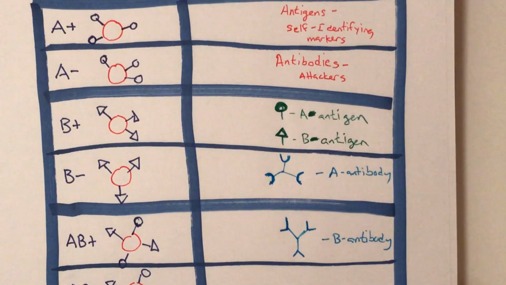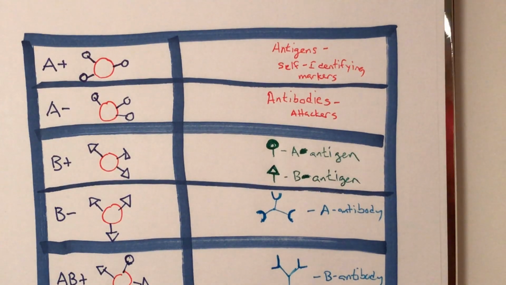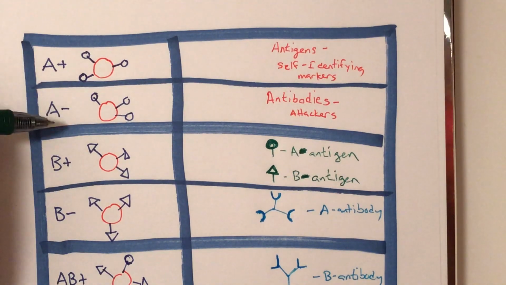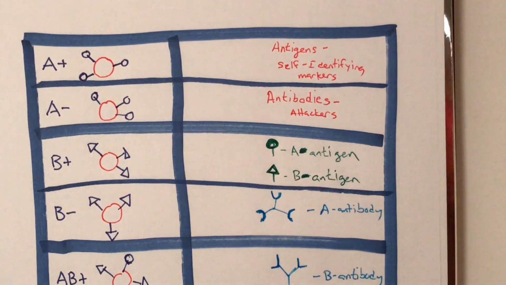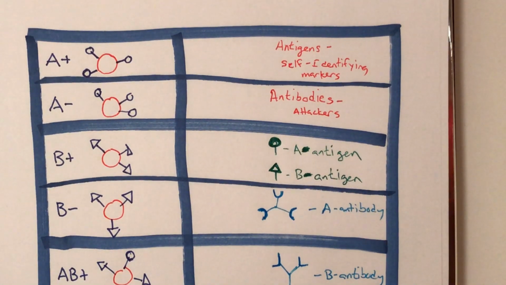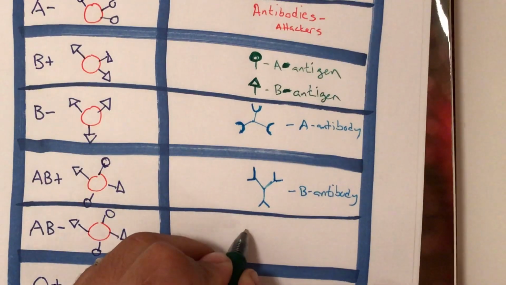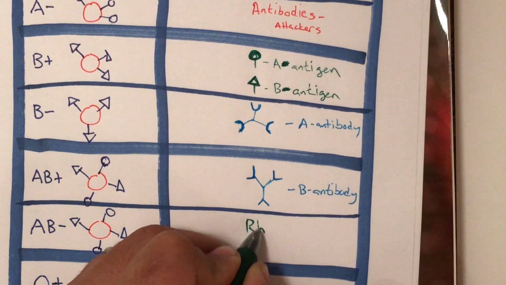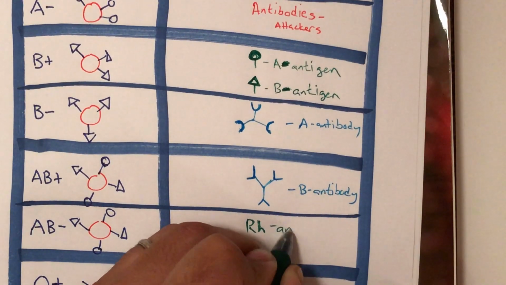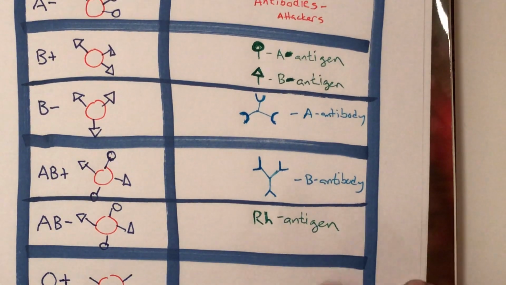Now let's go back up to the top and let's get this positive and negative thing down. What does this positive negative mean? This is depicting a third antigen, which is the Rh antigen. The Rh antigen is another antigen that we have to be aware of.